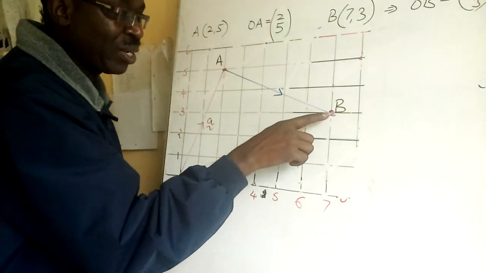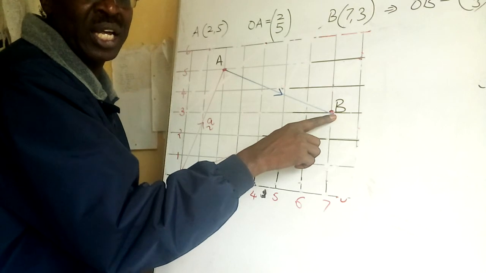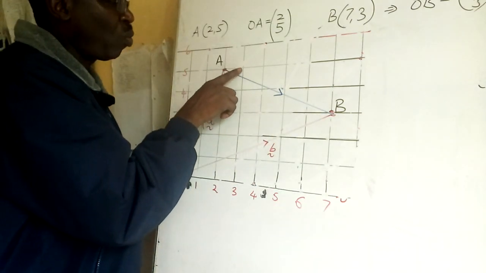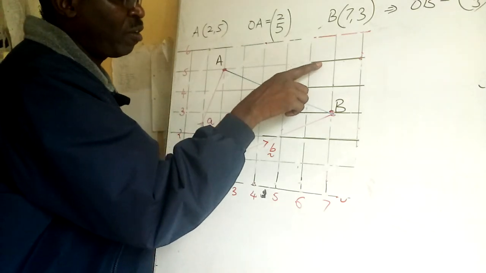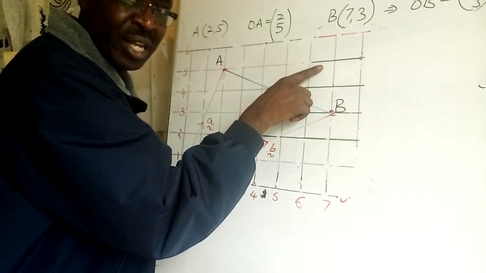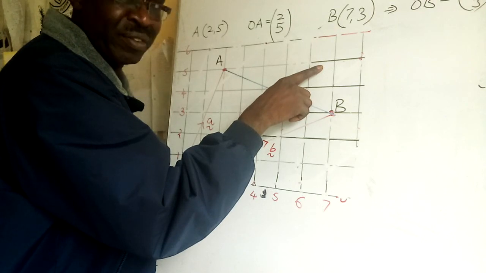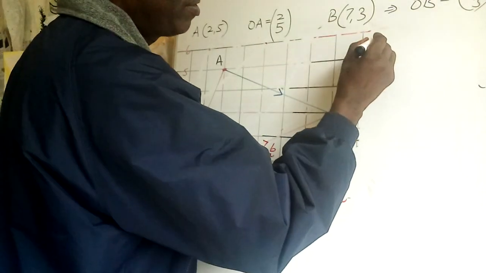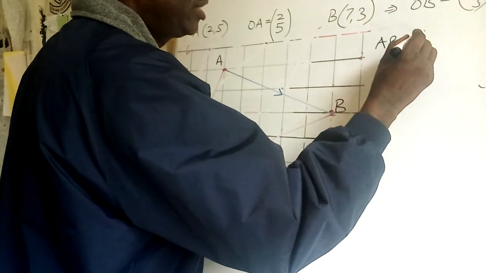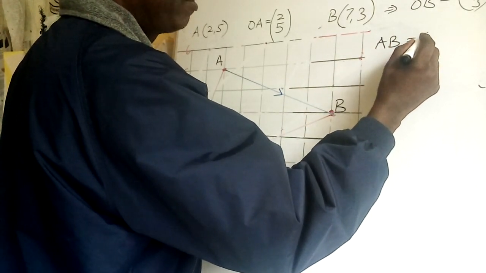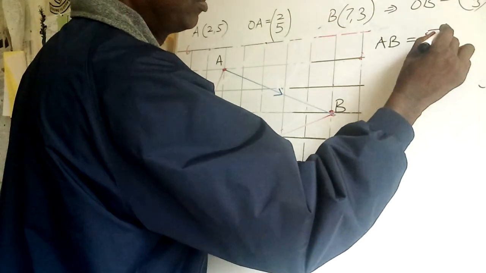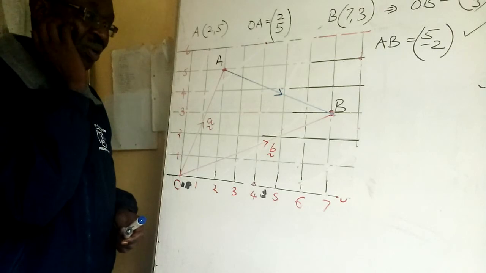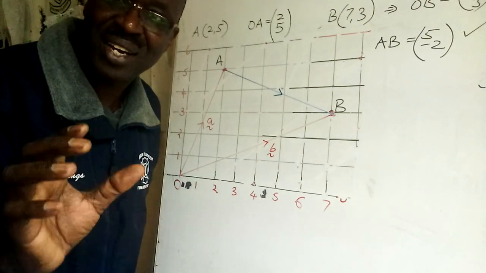If I'm at A and I want to go to B, I can say from A I'll move 1, 2, 3, 4, 5. So I have 5, and then 1, 2. So I have from A to B is equal to 5, -2. That is one way.